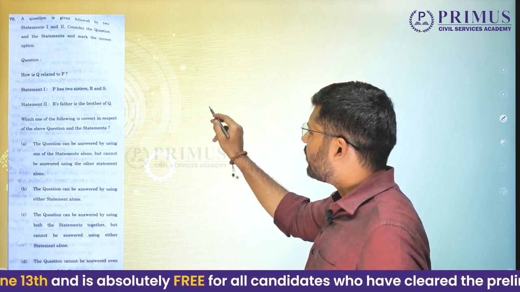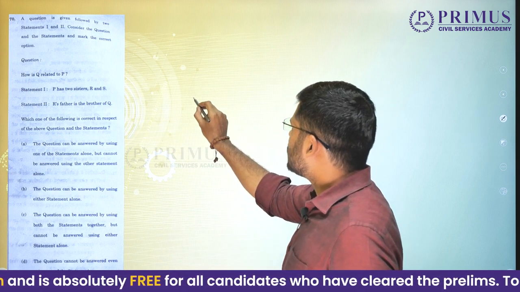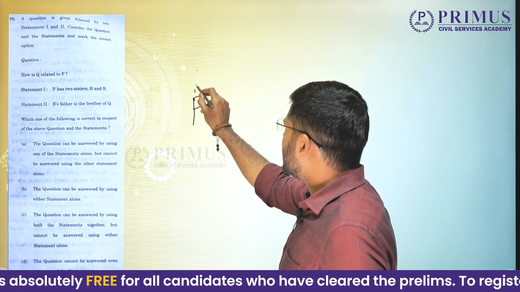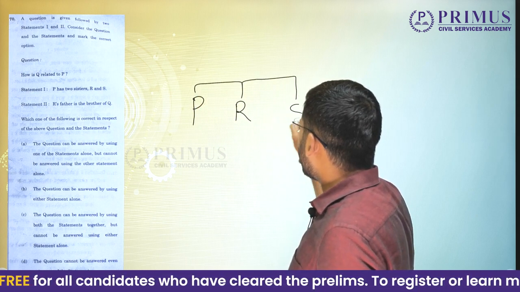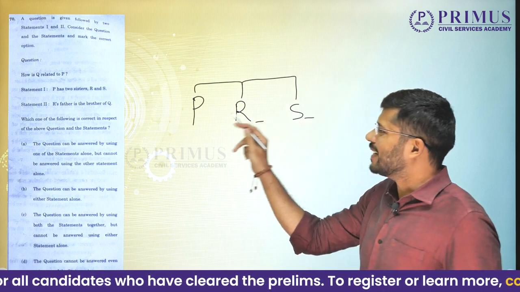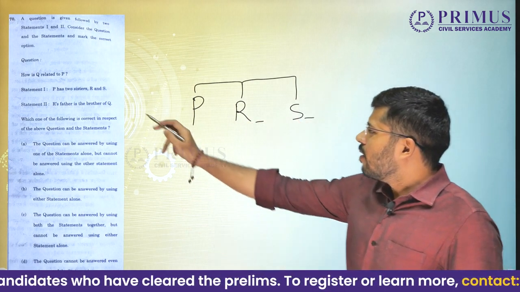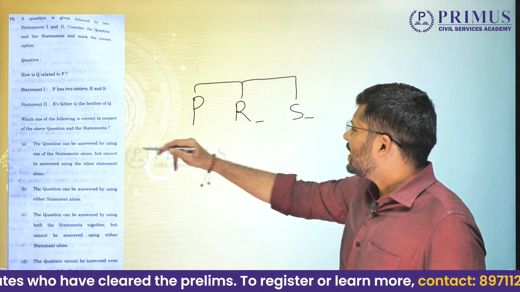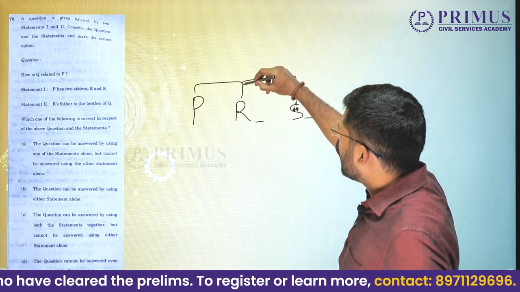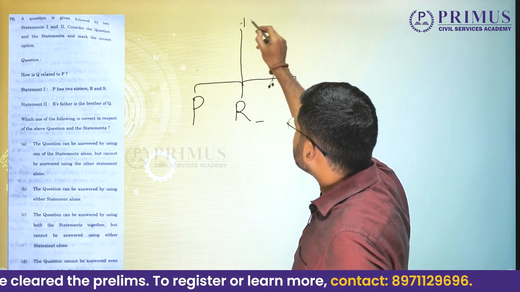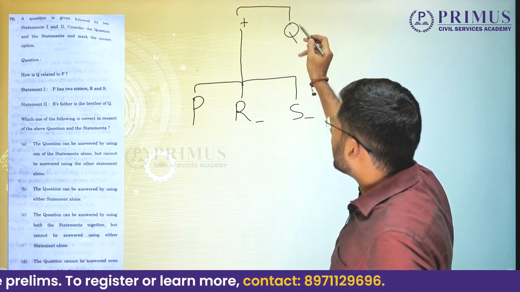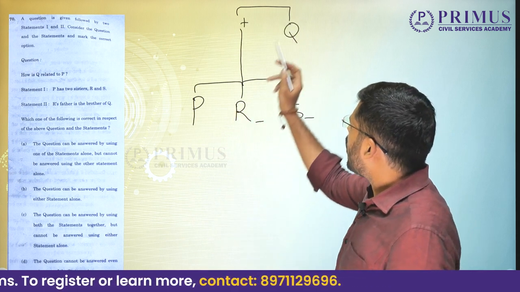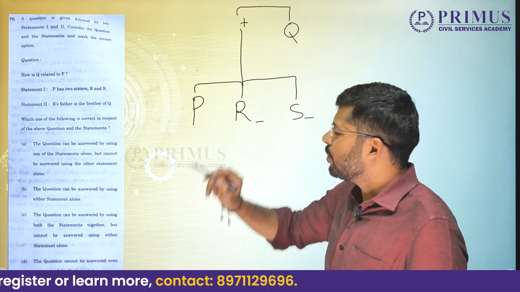Okay, let us draw a family tree here. P has 2 sisters, and they happen to be R and S. So we know the genders of R and S. R's father is the brother of Q. Now R's father, we do not know who he is. He is the brother of Q. We do not know the gender of Q. Now, how is Q related to P?